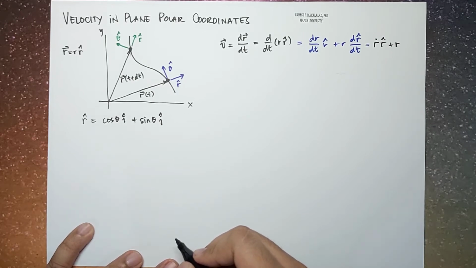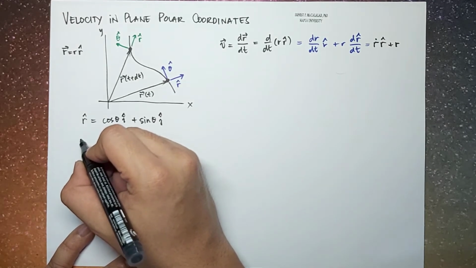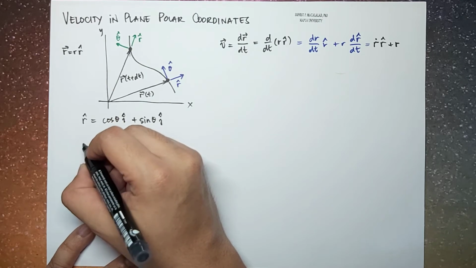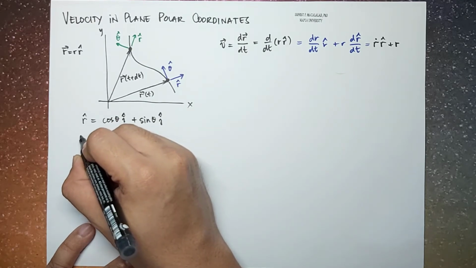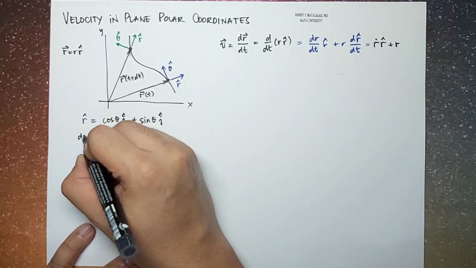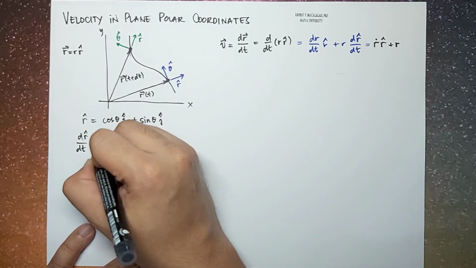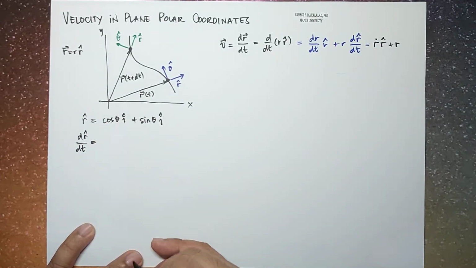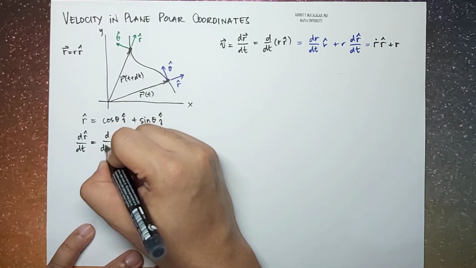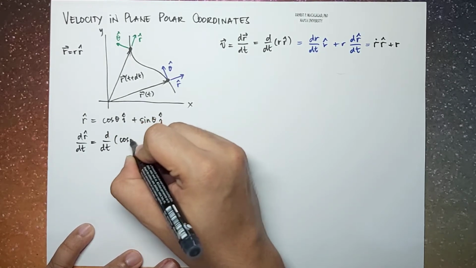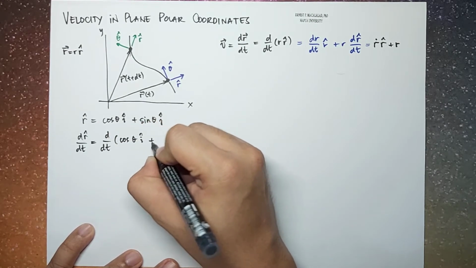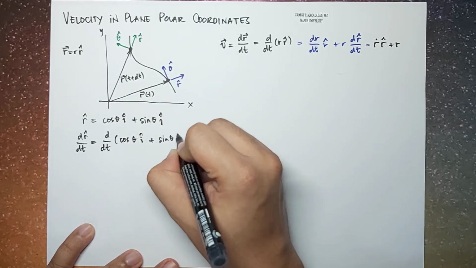So we differentiate this expression with respect to time. This becomes the derivative with respect to time of cosine theta i hat plus sine theta j hat.